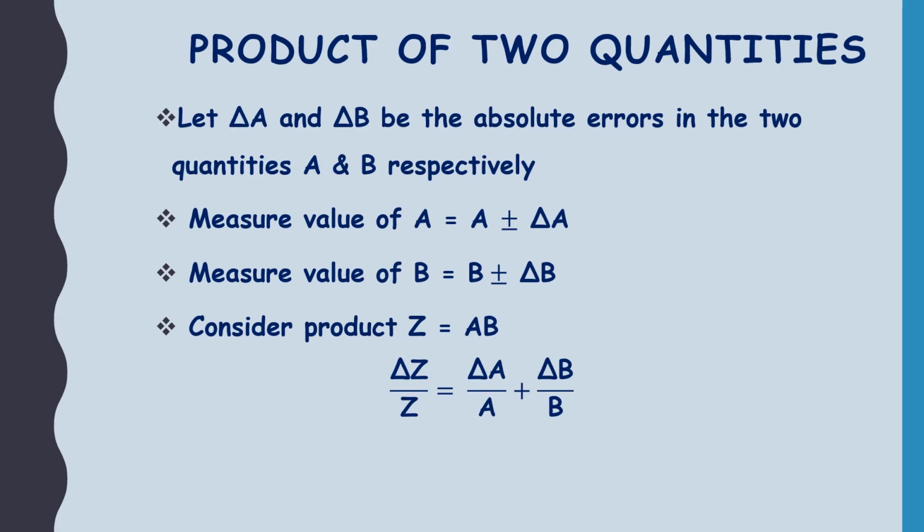Error in the product of two quantities. Again, let delta A and delta B be the absolute errors in the quantities A and B respectively.